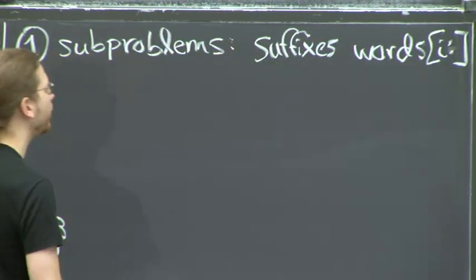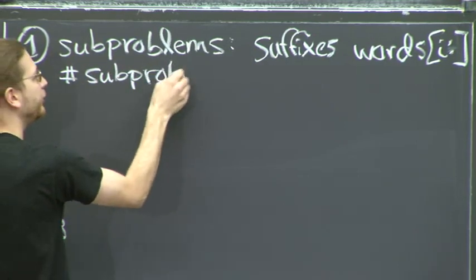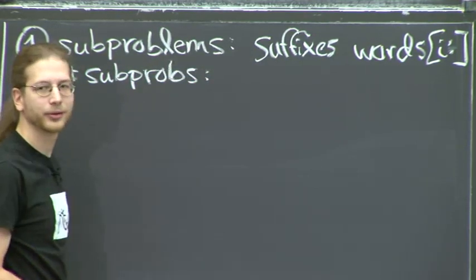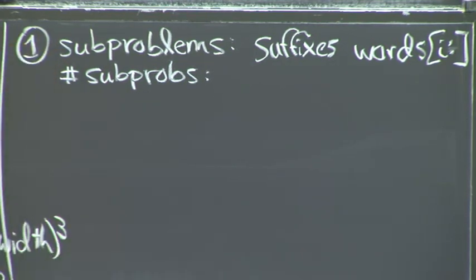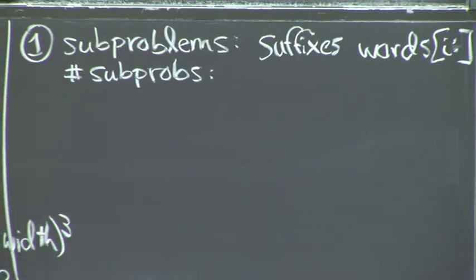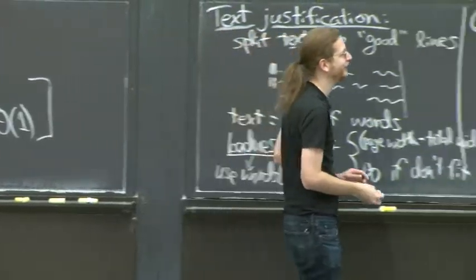OK, how many subproblems are there? If I have n words, 2 to the n? Sorry? 2 to the n? That would be a problem if it was 2 to the n. I hope it's only n.